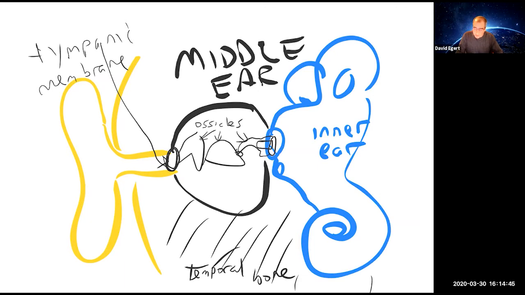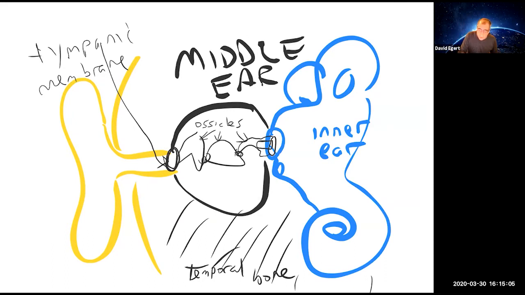They're itsy bitsy bones. They are the smallest bones in your body. They actually have tiny little synovial joints. So as long as everything is working properly, they should all be able to move back and forth, kind of like a little lever system.